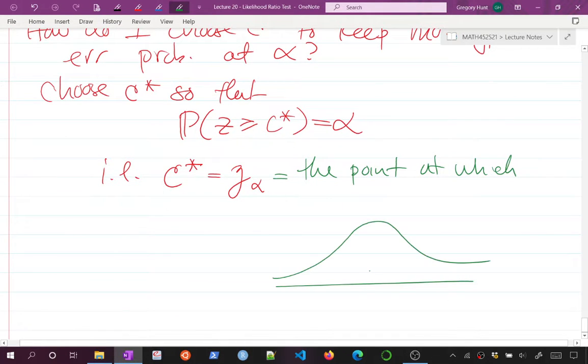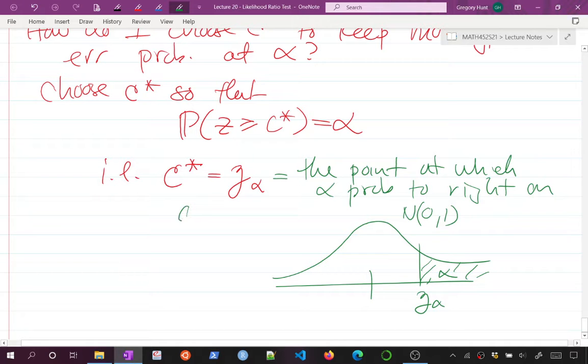If I had a standard normal, z alpha is the point where there's alpha probability to the right of that value.